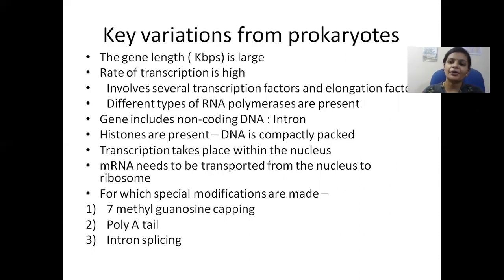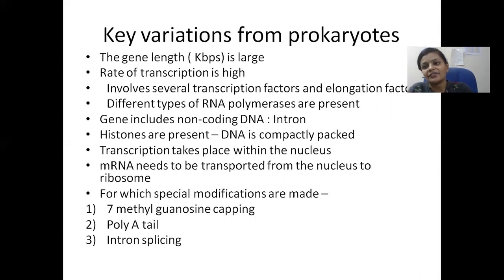Even the simplest eukaryote has a much longer DNA, a much bigger genome than a bacterium. Since the length of the DNA that needs to be transcribed is longer than that of any prokaryote, the rate of transcription needs to be much faster.